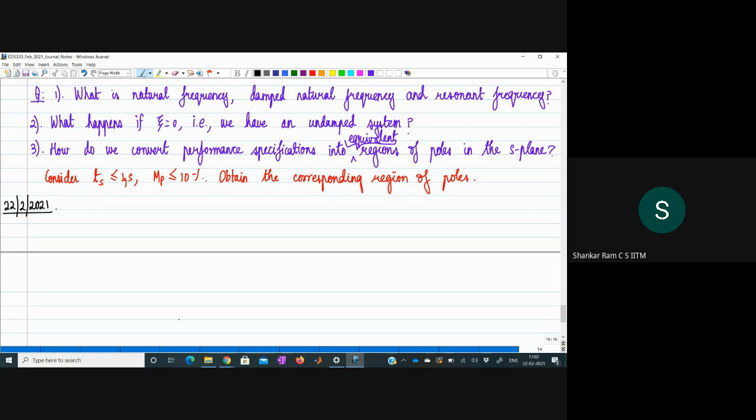But before we go into that, and we draw equivalent diagrams, just one point which I want to highlight is that, let's say we have a plant whose transfer function is some P of S, and the input to the plant is, in the Laplace domain, U of S, and the output is Y of S. So we can immediately note that P of S is defined as Y of S by U of S, and alternatively, Y of S can be written as P of S times U of S. Right? So that's something which we are aware of.